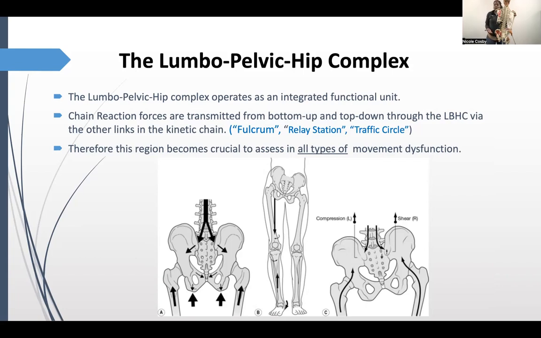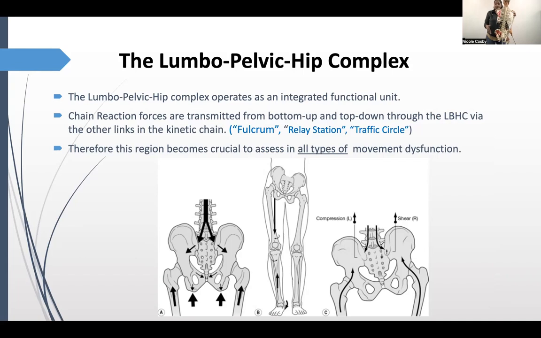Another way to say that, probably more scientifically, is that anytime the foot is in contact with the ground, we have kinetic chain reactional forces or ground reaction forces that are going to be transmitted proximally, right? So we have these gravitational forces occurring superiorly from the head sitting on the cervical spine that are moving distally.